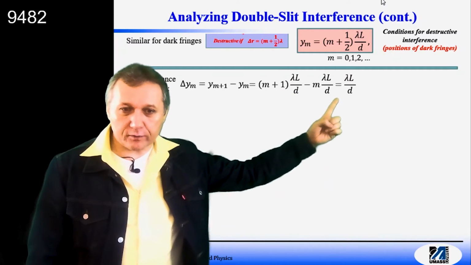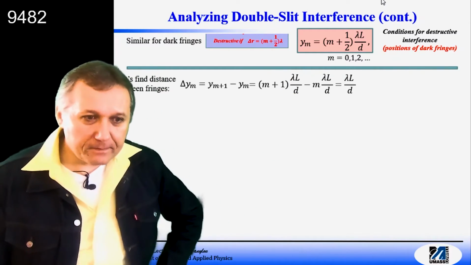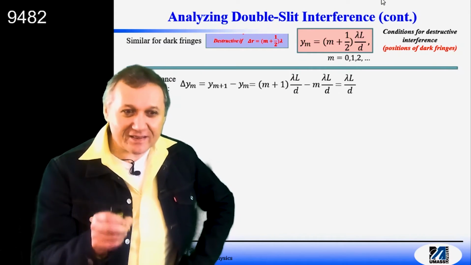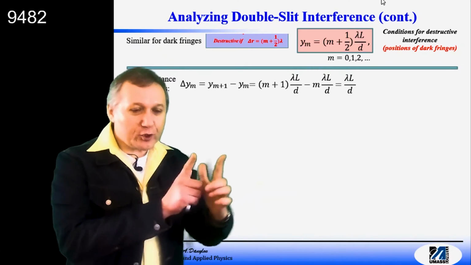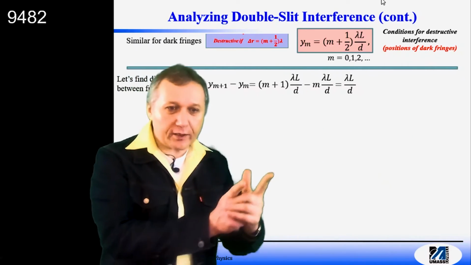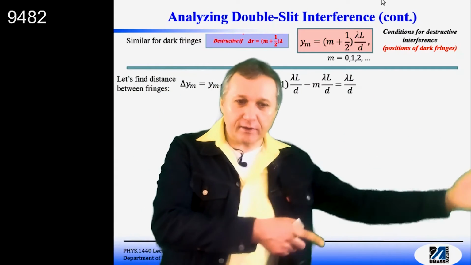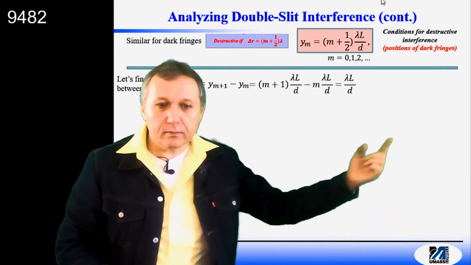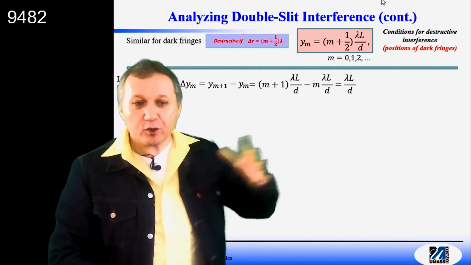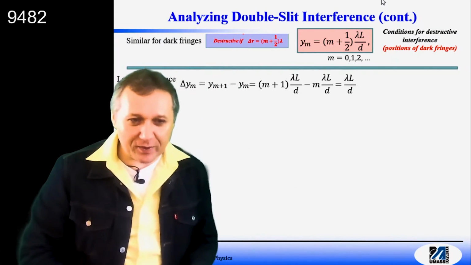What's the major feature of this expression? It doesn't depend on m. It doesn't depend which two adjacent bright spots you use, maybe 0 and 1, or 1 and 2, or 101 and 102. The distance between any two adjacent bright spots is exactly the same. So all these bright spots are equally spaced.